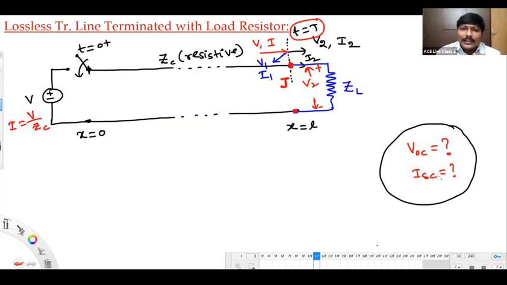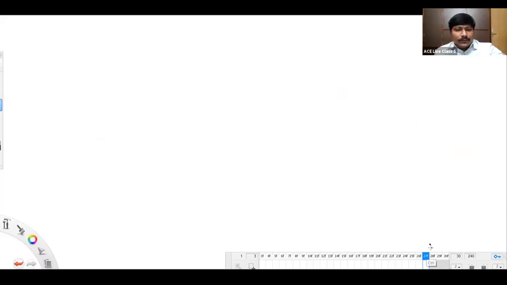With the help of this, we try to convert this distributed model of analysis into a lumped one at the time t equals capital T. So let me copy the same diagram, same heading also: lossless line terminated with a load resistor.